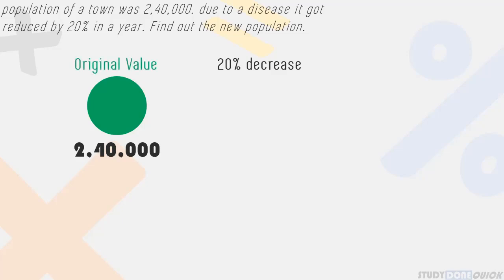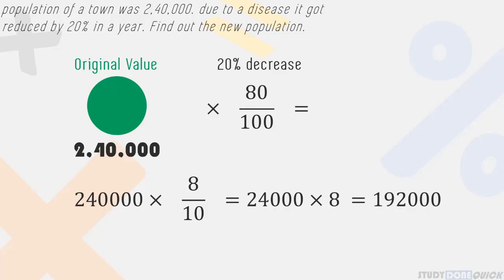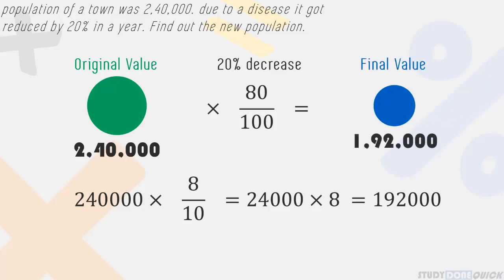So our original value obviously is 240k, which got reduced or decreased by 20%. That means it becomes 80 by 100 of itself, or 80% of itself. Solving this, we'll find that the final value is 192,000, and that's the number of people who survived, including Bob.